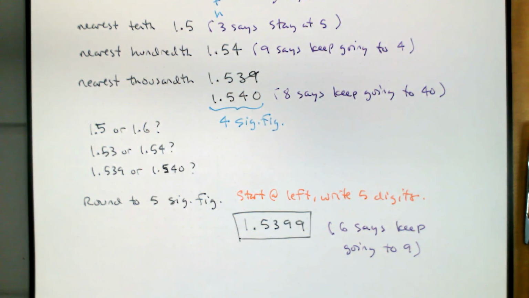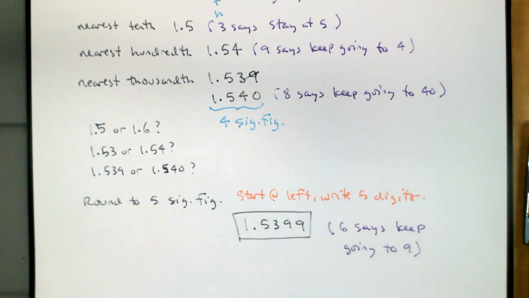That's stating a precision that we don't have access to. So when I say round to the nearest 10th, you have to stop at 1.5. If you put 1.53, it doesn't matter that that's the next digit in the correct answer. You're not communicating the right number to me. I want the nearest 10th.